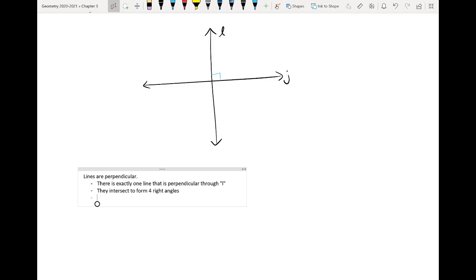If all 4 are right, then all of them are the same. Remember what we call things with the same measure. All those angles are congruent. Seem logical? All right. And these are the only 2 things we're really going to kind of emphasize today.